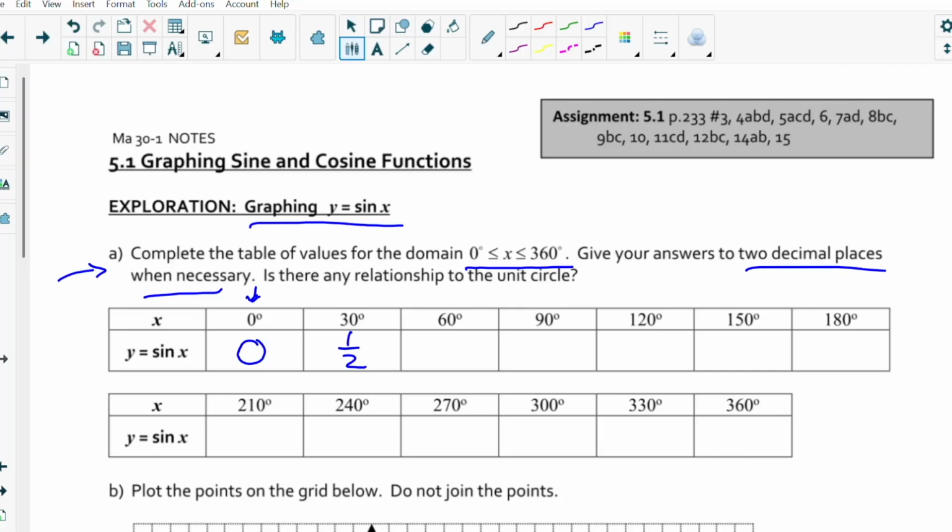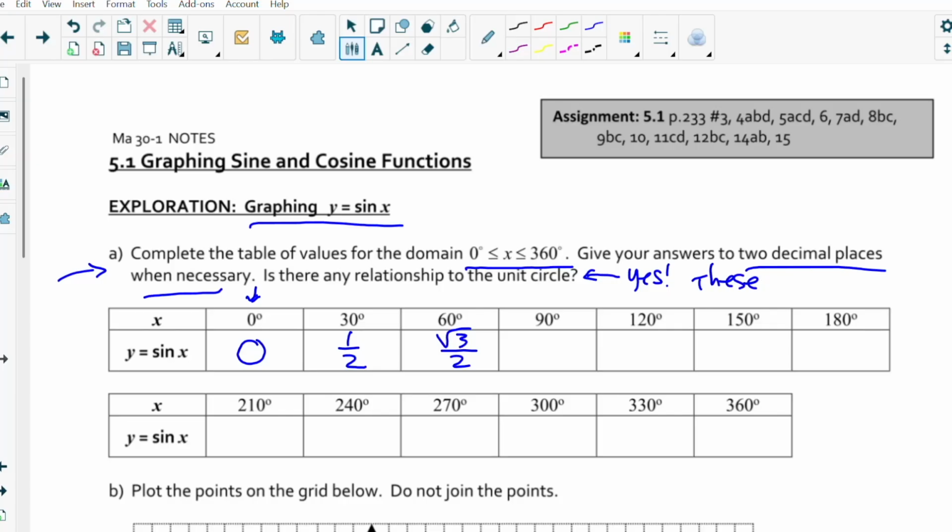When x is 60, let's give exact values, the sine value is square root of 3 over 2. Okay, and so on. So these are values on the unit circle, right? Is there any relationship to the unit circle? Yes, of course.